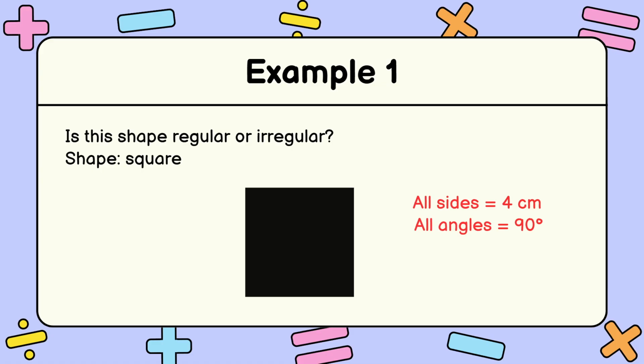In this case, each side of the square measures 4 centimeters, and all its angles are 90 degrees. This uniformity in both sides and angles means our square is a regular shape.